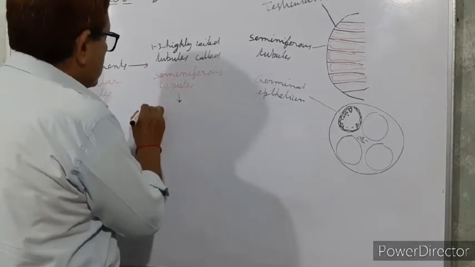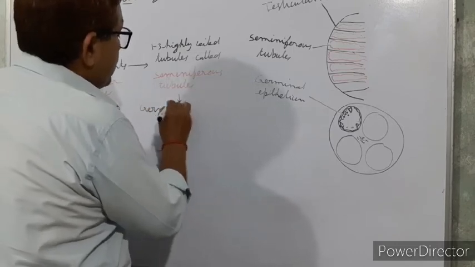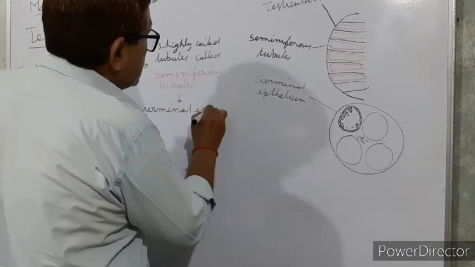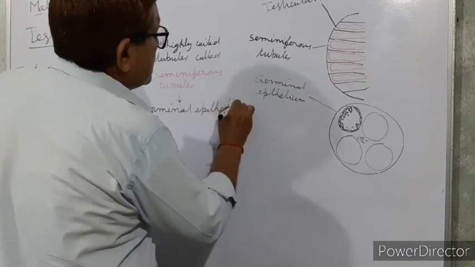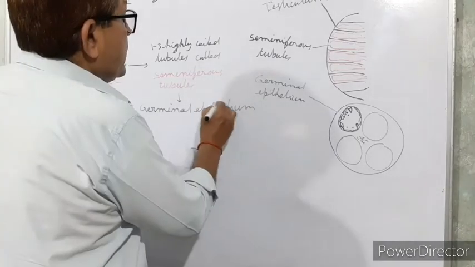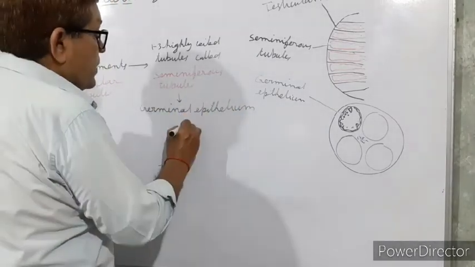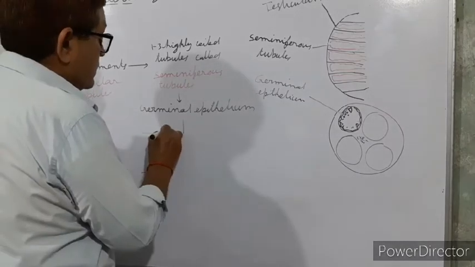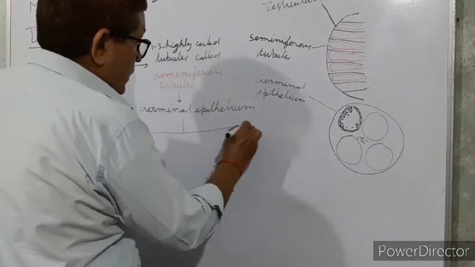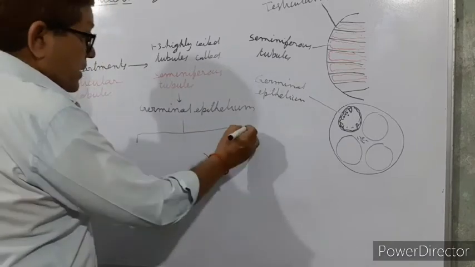The germinal epithelium consists of two types of cells.